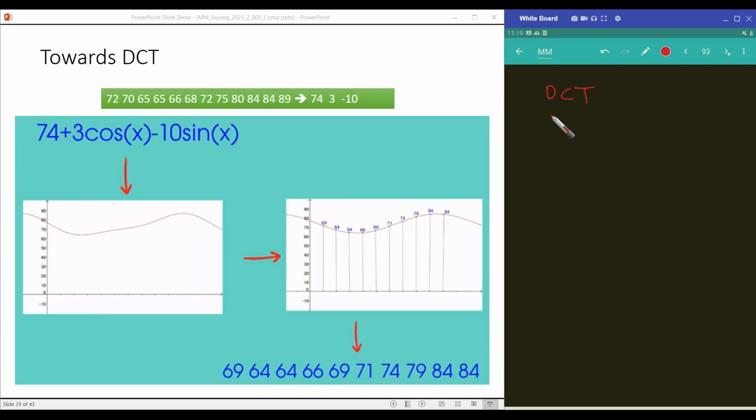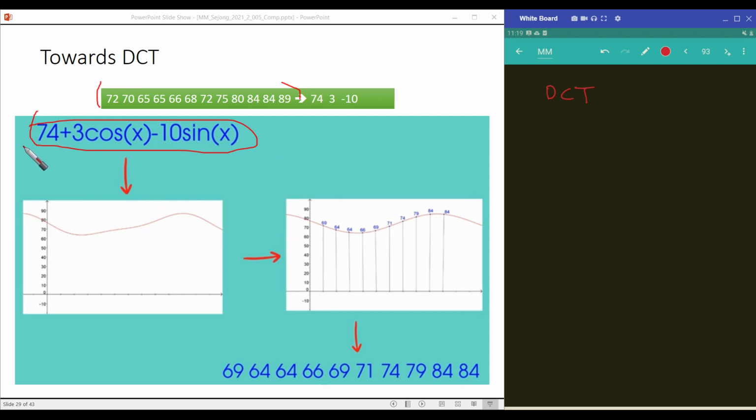So how it looks ultimately: you see this is our original number, and now we replace these numbers with this representation, 74 plus 3 cos x minus 10 sin x.